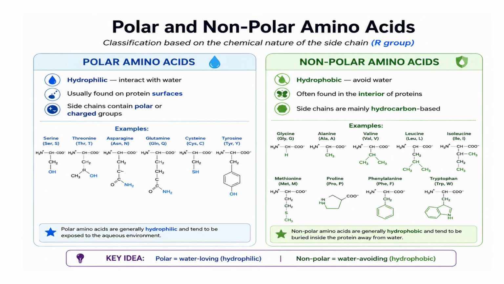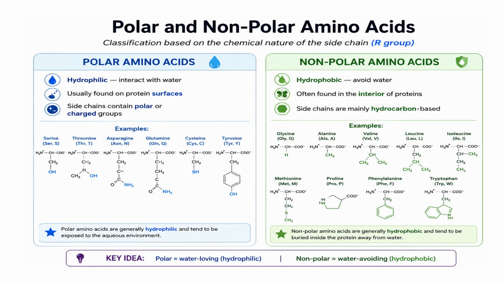Examples of polar amino acids include serine, threonine, asparagine, glutamine, cysteine, and tyrosine. Amino acids with charged side chains such as aspartate, glutamate, lysine, and arginine are also polar. Nonpolar amino acids have side chains that lack strongly polar or charged groups, and generally do not interact favorably with water. They are therefore described as hydrophobic, meaning water-avoiding.